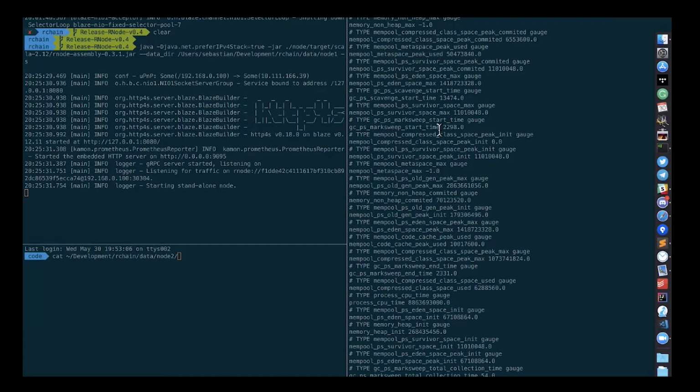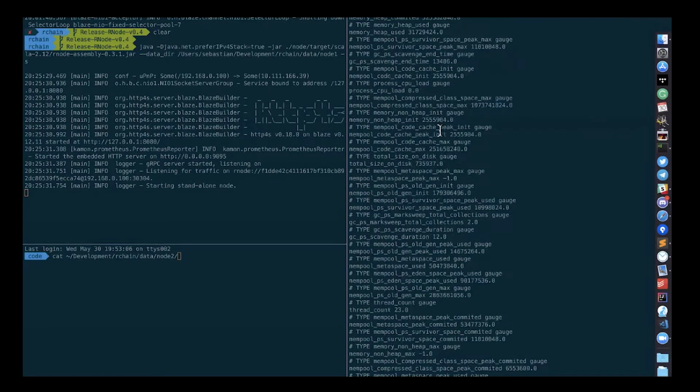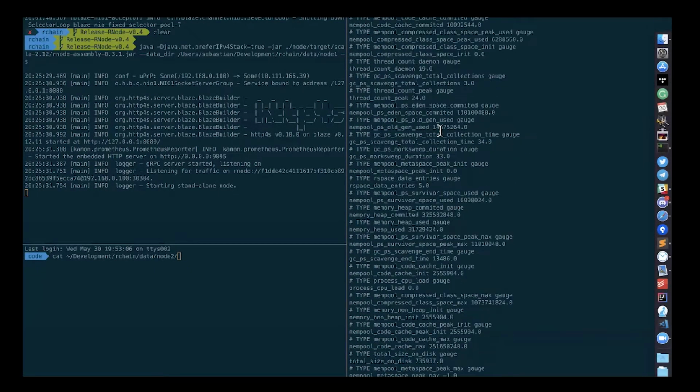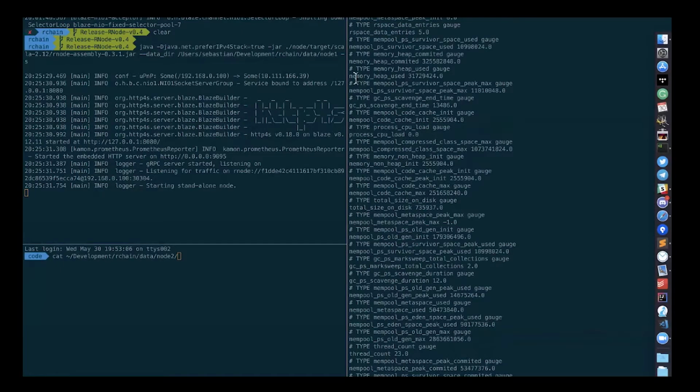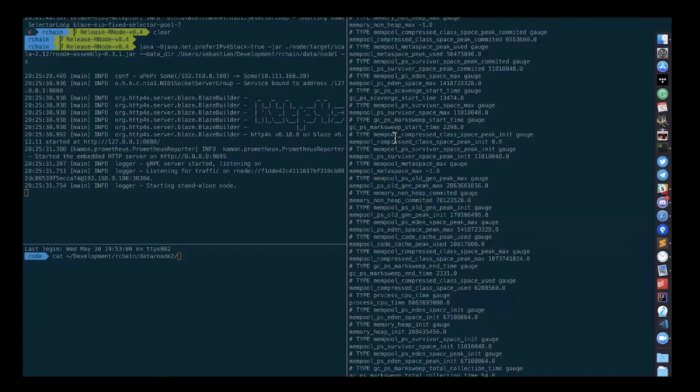Oh, here they are. So it's a lot, right? For example, memory heap usage. It's not really for humans to read, it's Prometheus, right? So we have also exposed the same metrics over our gRPC API.